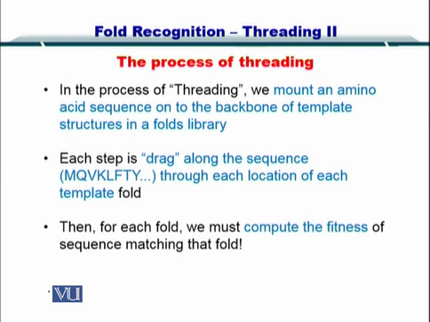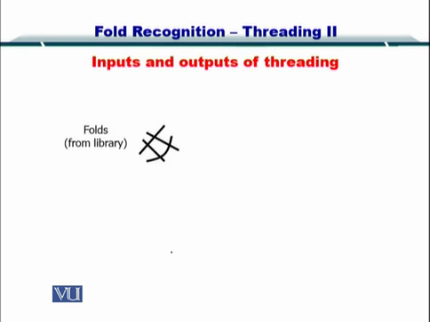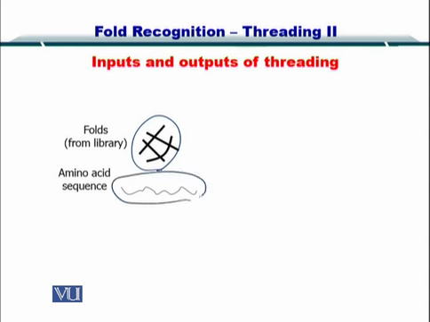Next, for each comparison, we compute the score. So the score or the fitness of the matching will determine at the end how good is the match. Typically, z-score is used for this. So let's take an example. This is a fold from the fold library. This is the amino acid sequence that you are going to fold onto the structure, and you have a scoring function which is usually a z-score.